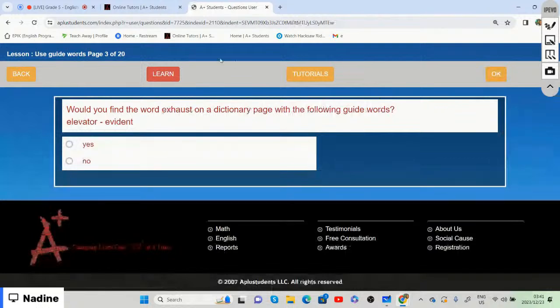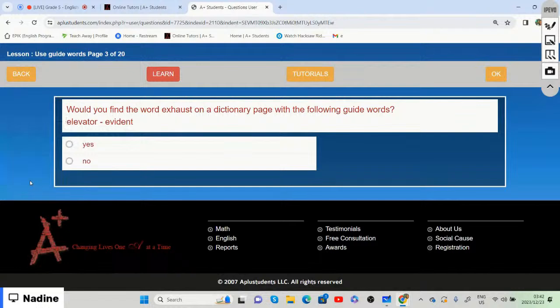So would you find the word exhaust on a dictionary page with the following guide words? Elevator and evident. Remember we said that the guide words are the words that you find on each page in the dictionary.